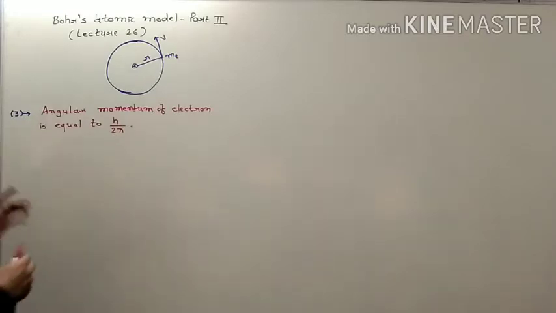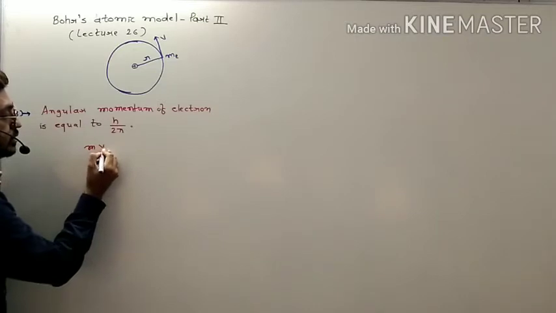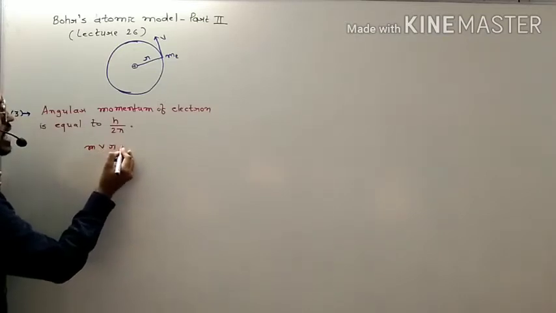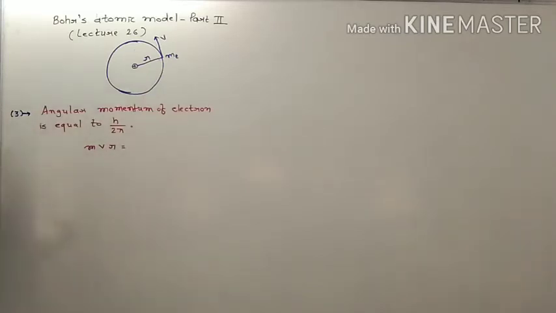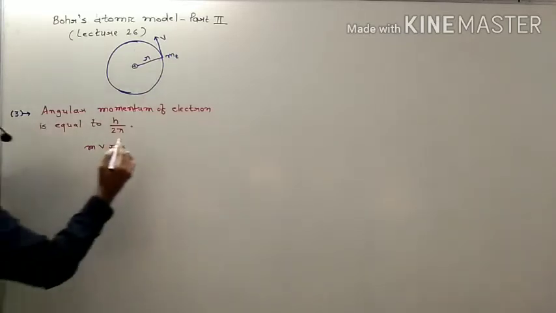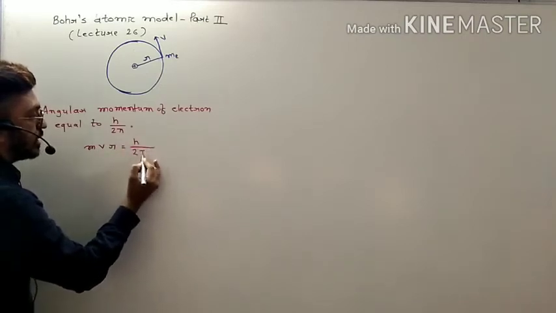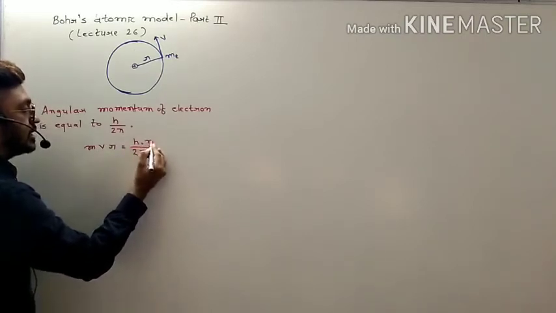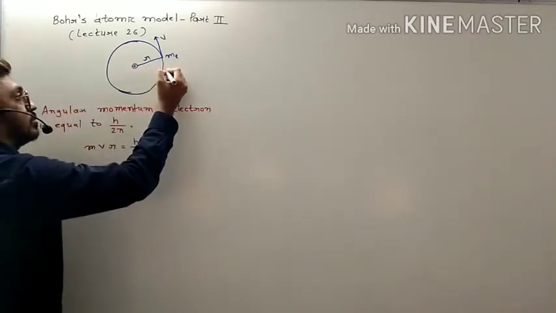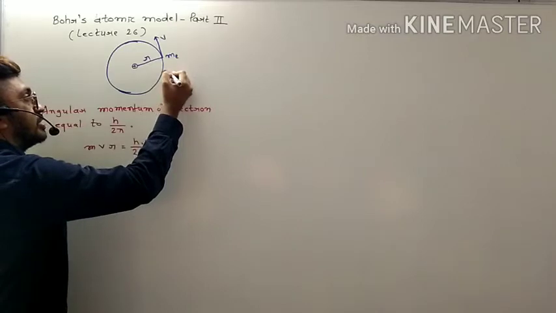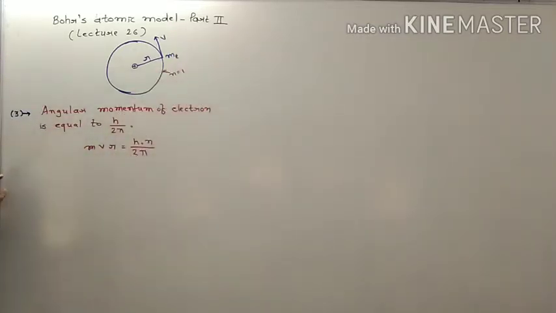What is the formula of angular momentum? Just see, m into v into r, because here the radius is fixed and we have to calculate the radius in the momentum. mvr is equal to n h upon 2 pi, but we have to calculate n, the number of the orbit. This is the first orbit, so n is equal to 1. If it is the second orbit, then n is equal to 2.